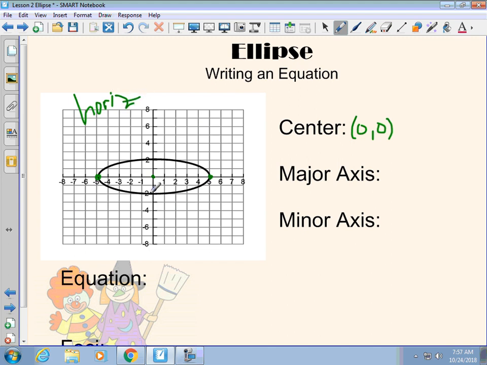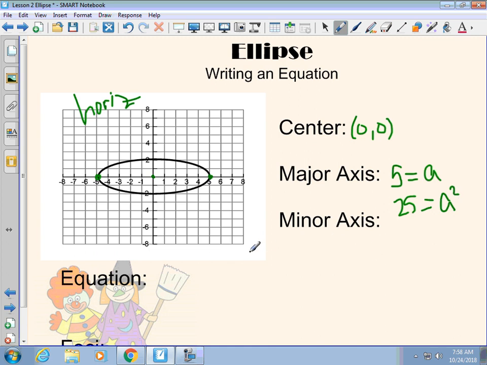Okay, so horizontally from my center point out to the end of my ellipse, I've gone out 5. Right, so that's my A value. But in my equation, I don't need A, I need A squared. So if I square 5, I get 25.